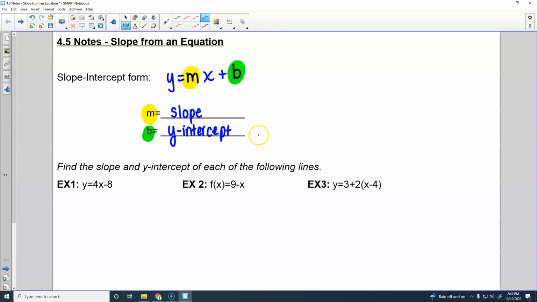And tell me what the y-intercept is. What does that look like on the graph? It's where your line starts, at 0 at the x. So it's where the graph crosses the y-axis.